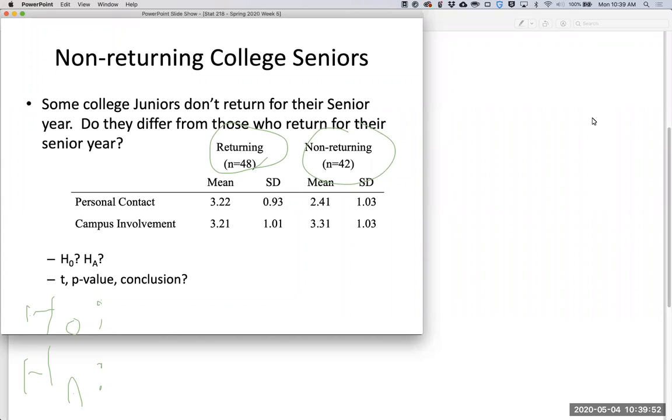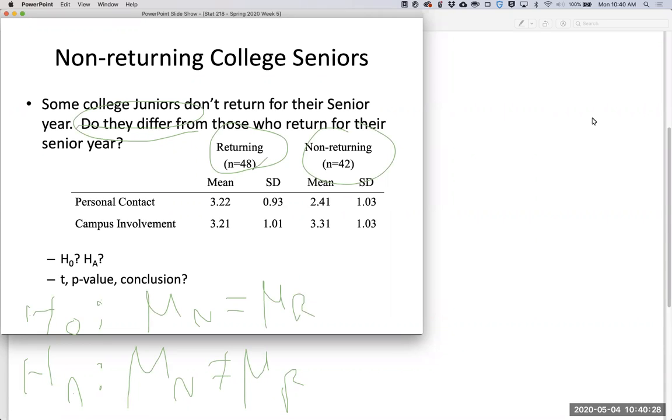The null hypothesis is the logical opposite of the alternative, and the alternative is usually a natural question. Is there a difference? So mu for the non-returner students, mu n, is equal to mu for the returner students, mu r. Oh, no, alternative, not equal to. And for the null hypothesis, I'm going to have mu n equals mu r. Again, those are my two choices.